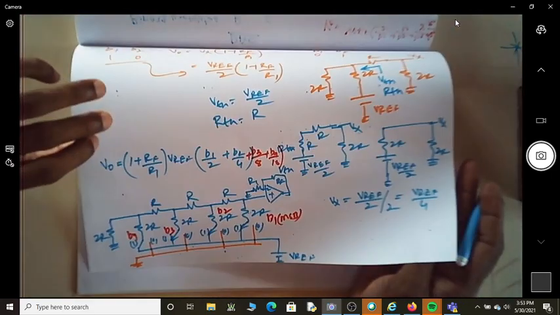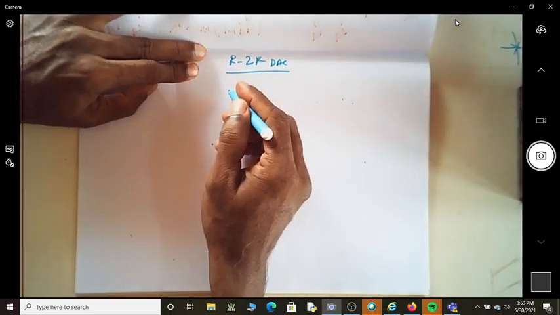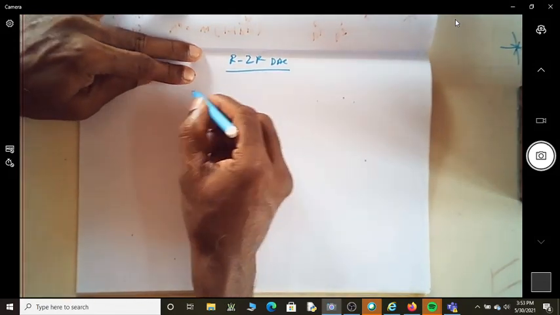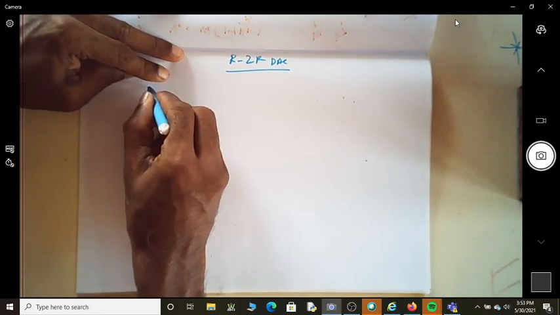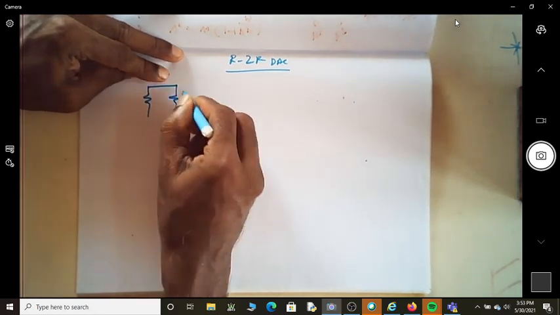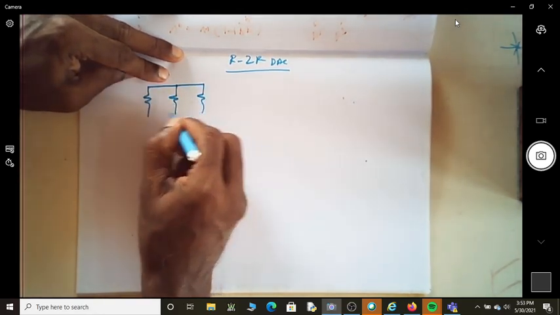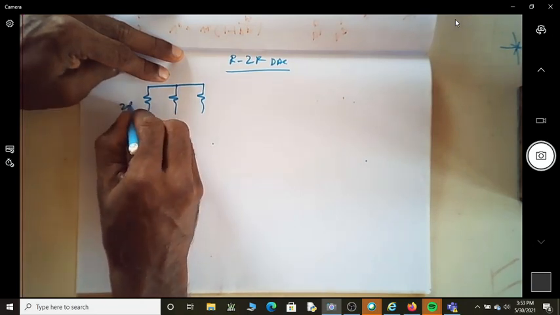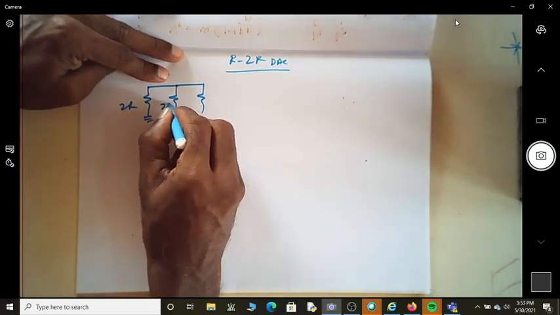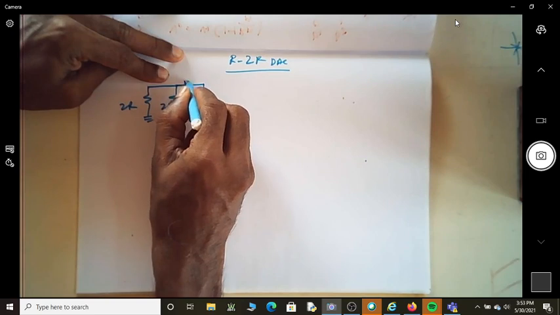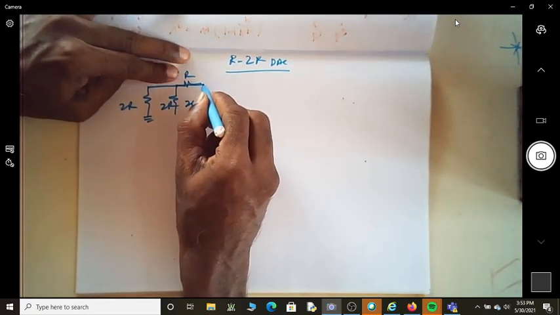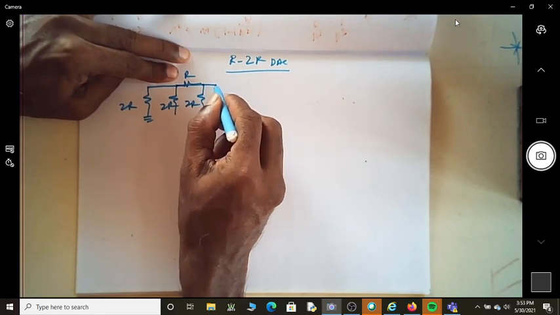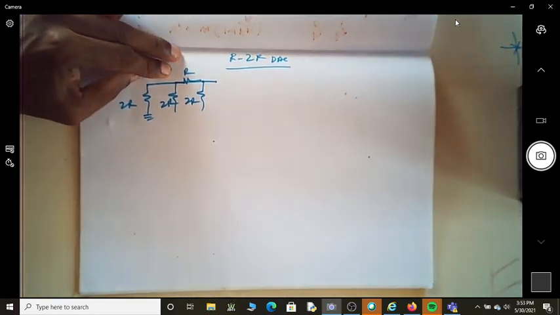So I have a circuit, so as I had it here, let me start with this. This is my first resistor 2R, this is again 2R, then I'll have a resistor R, this is 2R, then I'll have, okay, let me consider only 2 bits for the time being.